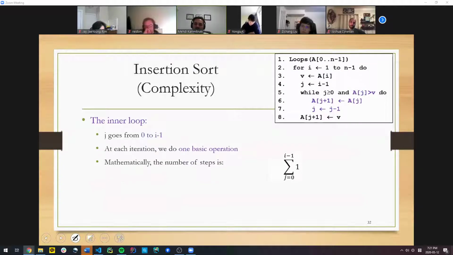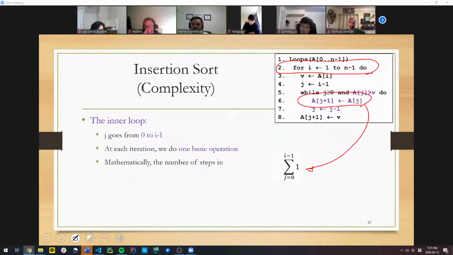Right, so the same thing applies. We use a sigma, and for every basic operation, we put one constant in here. So we put 1 in there, and we have the for loop in here, going from 0 to i minus 1.